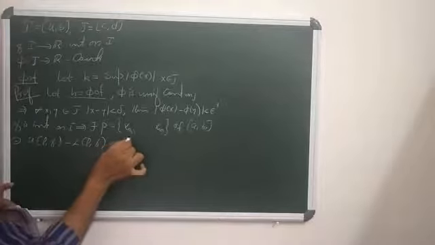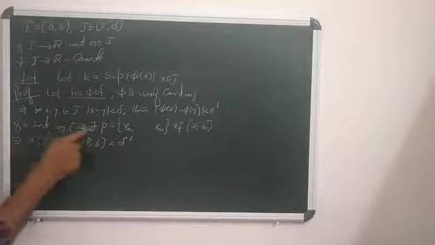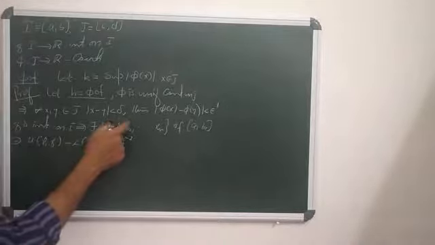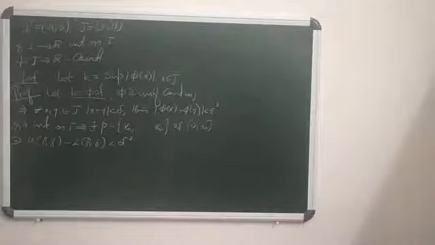Instead of epsilon, it is some delta square. Whatever. f is integrable on I means there exists a partition, by the Riemann criterion, a partition P of the closed interval [a, b] such that U(P, f) minus L(P, f) is strictly less than delta square.